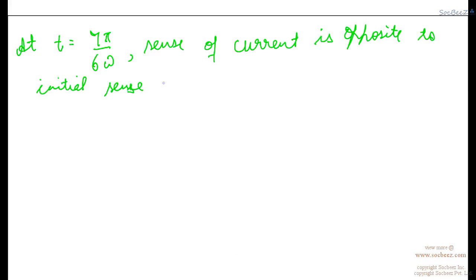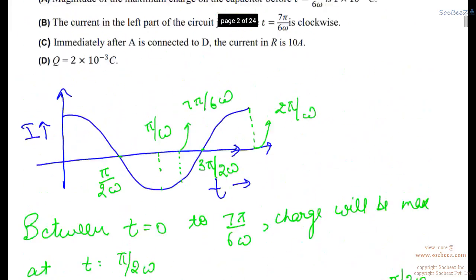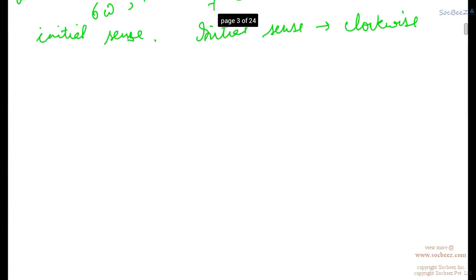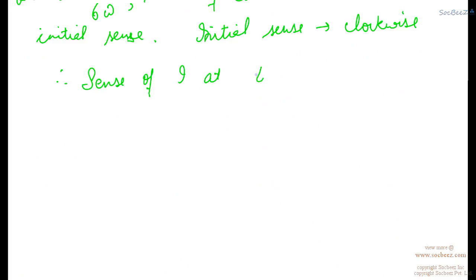Since the initial sense given in the question is clockwise, the current will be anti-clockwise here. Therefore the sense of I at t equals 7 pi by 6 omega is anti-clockwise.